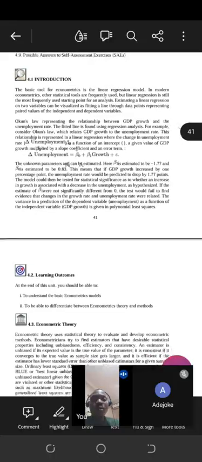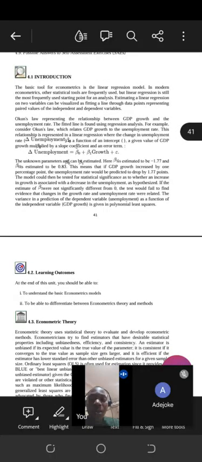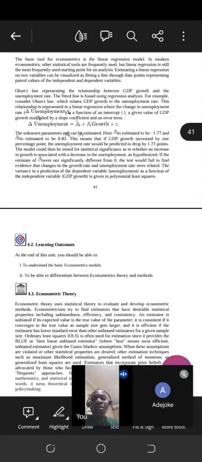Now the estimation. The unknown parameters beta naught and beta 1 are estimated: beta 1 is estimated to be minus 1.77 and beta naught is estimated to be 0.83. So what about the regression line with the parameters that we already have?